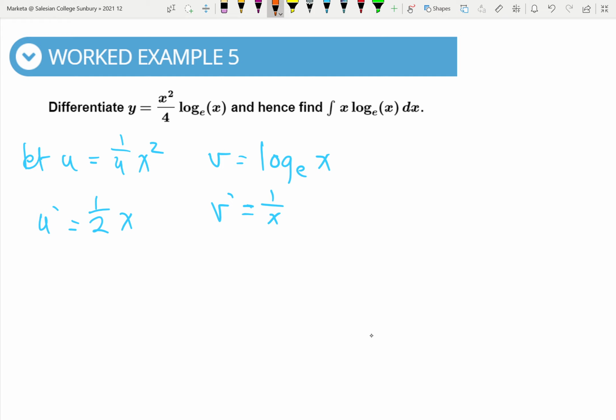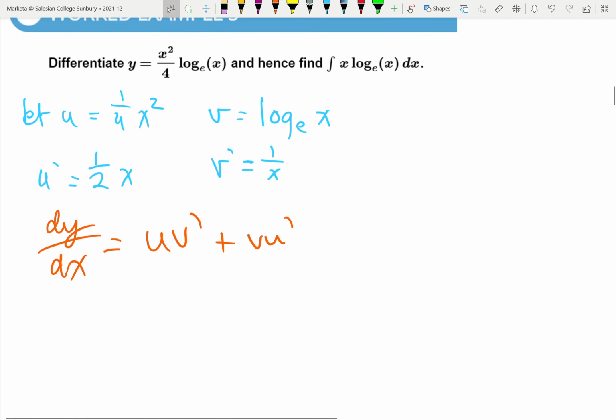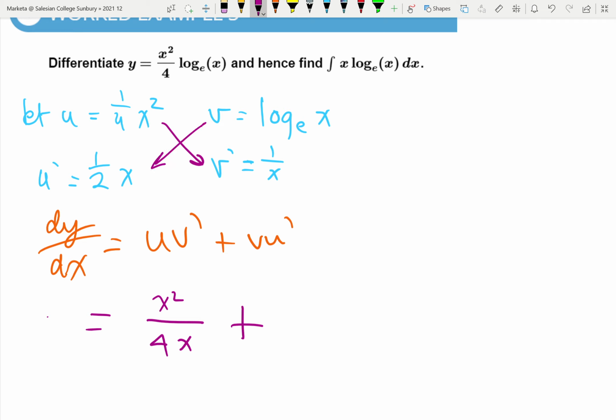The product rule, which you may have forgotten, dy dx, is going to be uv dash plus vu dash, and now you can just sub those values. Uv dash, so 1/4 x squared times 1 over x is going to be x squared over 4x, plus vu dash. So that's x on 2 log e x.